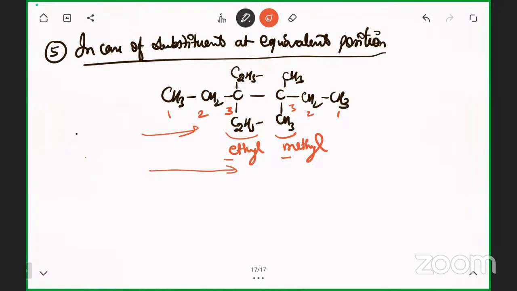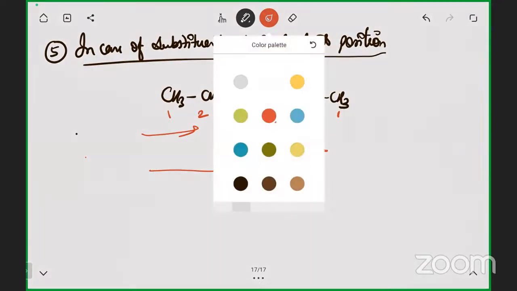Okay, if I make a mirror image of this particular compound, I'm giving you one more example, the same as this. You have to tell me from which side I should do the numbering.